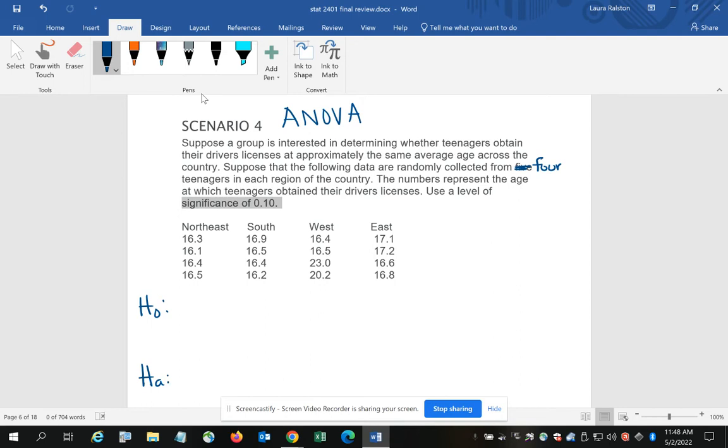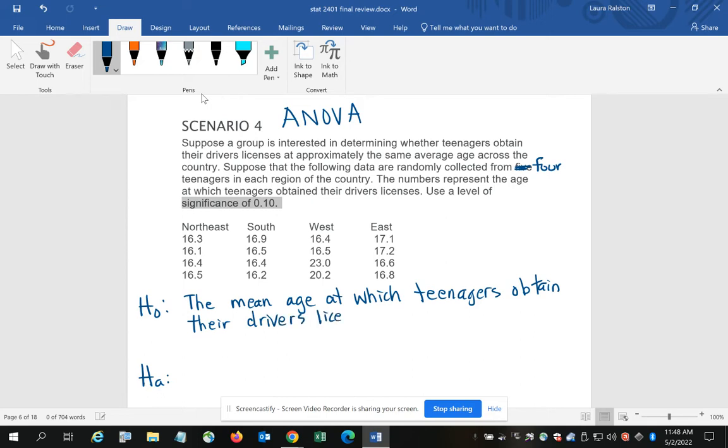And there's different ways to do this. We usually write it in words, and we would say the mean age at which teenagers obtain their driver's license is the same across the country.